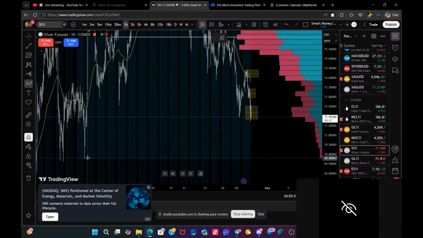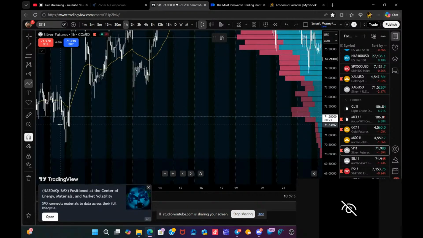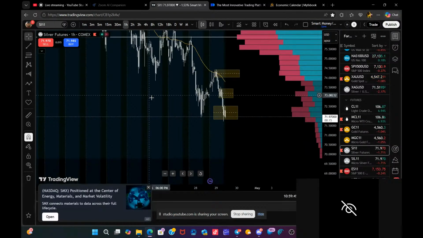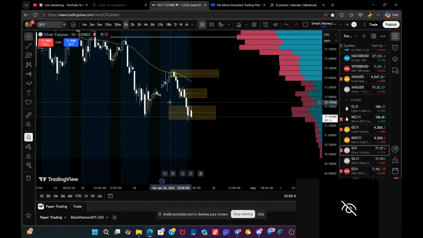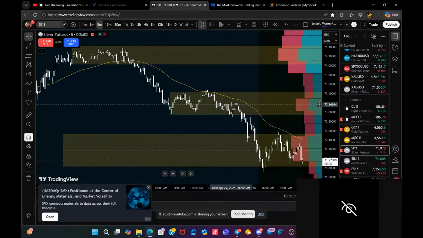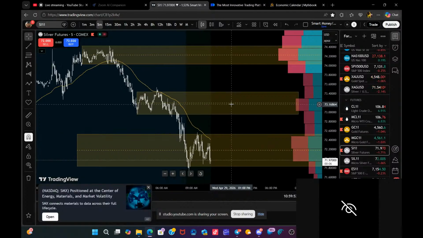Most likely this low right here, because that's the next low. Yeah, most likely that low right there. All right, that's how I like to do my targets. I like to target structure for my take profits. All right, but yeah, that's what I want to see.